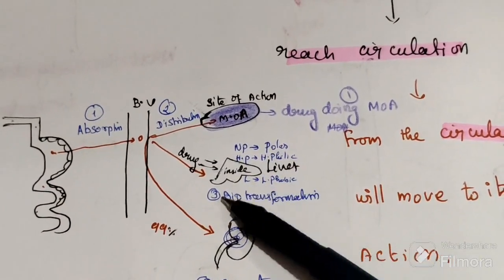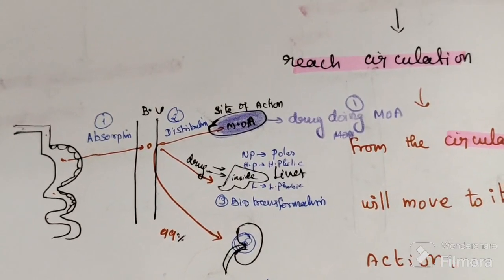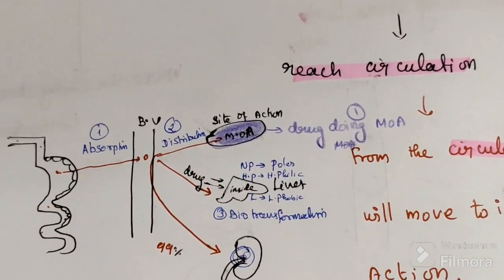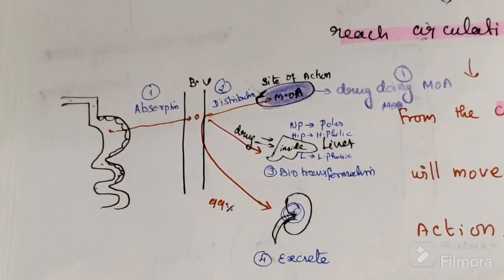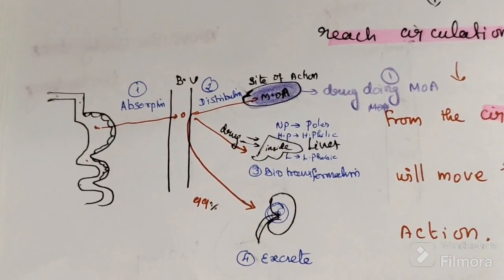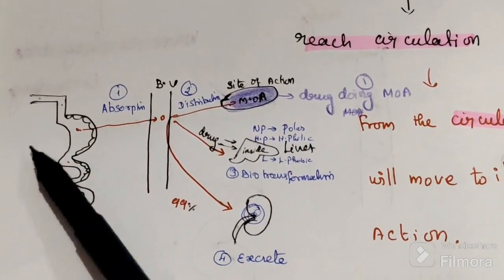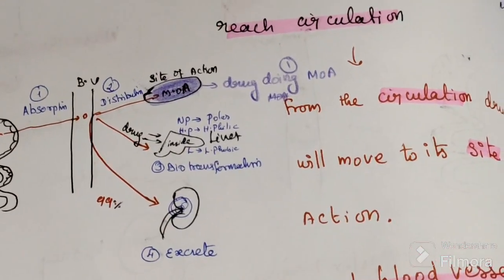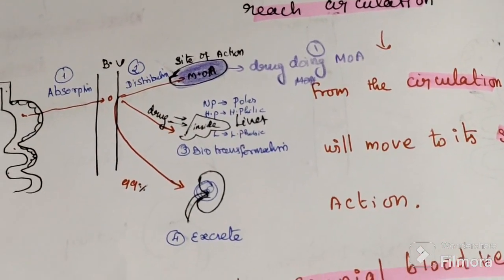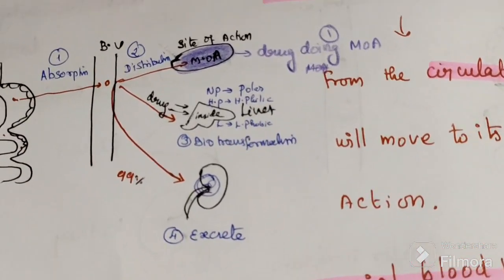Now we want to excrete the drugs through the kidney. The organ of excretion is only one, the kidney. For absorption we have two portions, stomach and intestine. Absorption has two ways, but excretion only one way. We don't have different organs, only one.